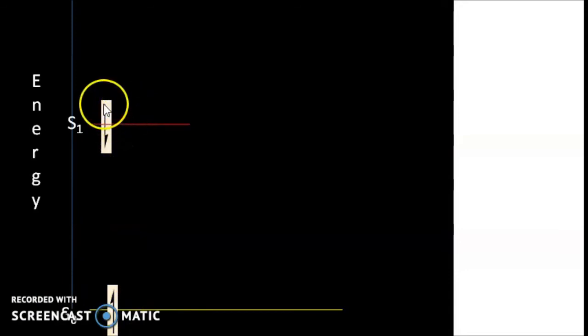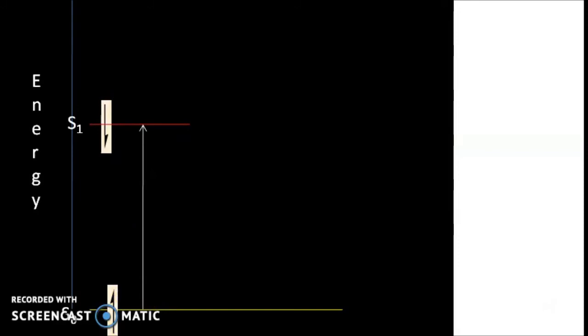Now this is in the excited state, this is having energy, and you know that no system will occupy a higher energy level. It will always try to come down to the ground state or to the lower energy level. Now what are the different ways by which it can come down to the lower energy level? So the electron is getting excited to the higher energy level, the singlet excited state.